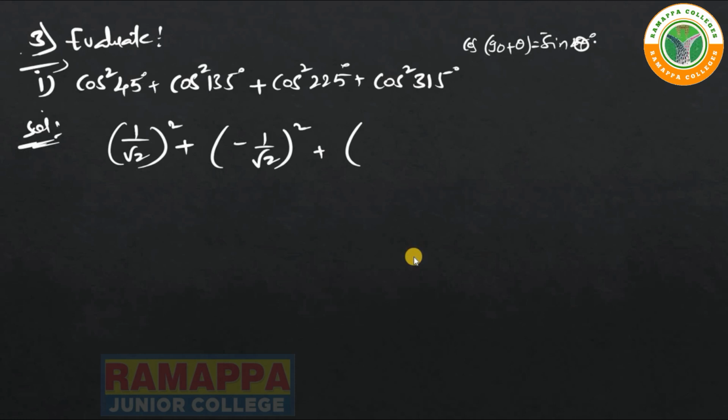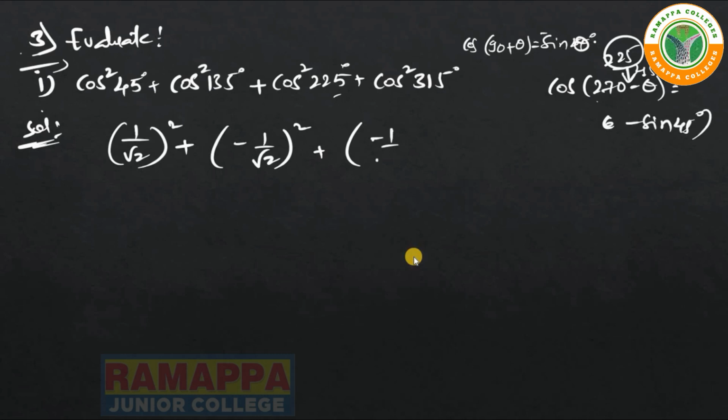It will become minus 1 by root 2 whole square, plus here also we can write cos of 225 as cos of 270 minus theta, with theta as 45. Cos of 270 minus theta is equal to minus sin theta, so minus sin of 45, which is 1 by root 2, so minus 1 by root 2 whole square again, plus cos of 360 minus 45.